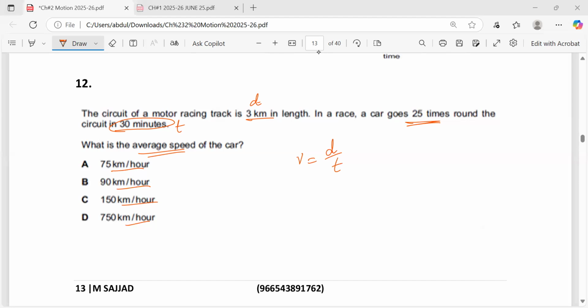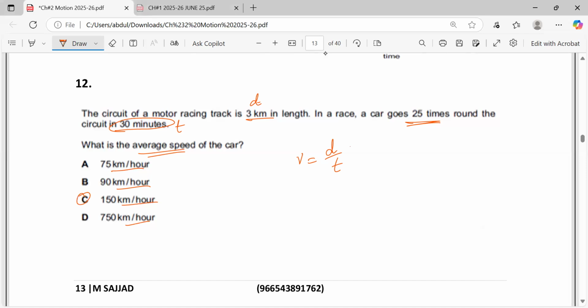Perfect, Razan. Good. MashaAllah. Correct answer is C. Why C?